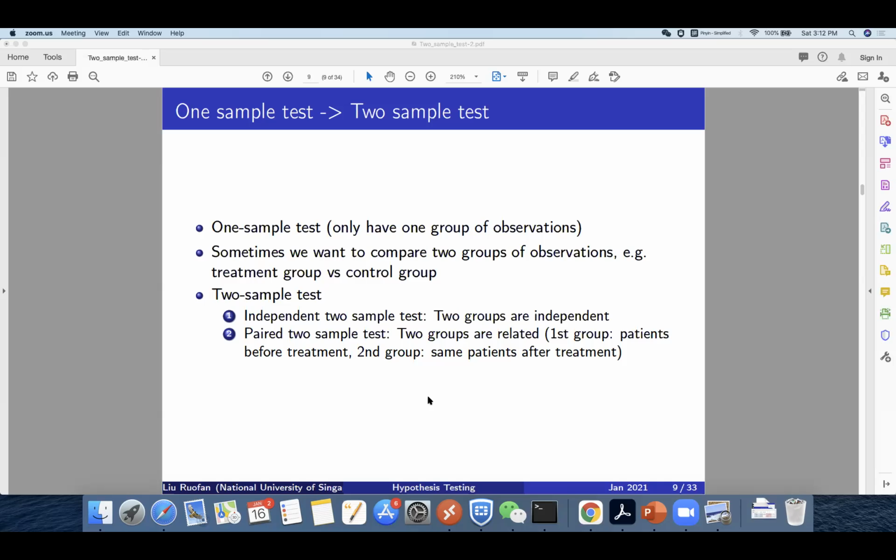Here we have a definition of independent samples. Giving this definition, can you think of examples in the real world of independent samples?